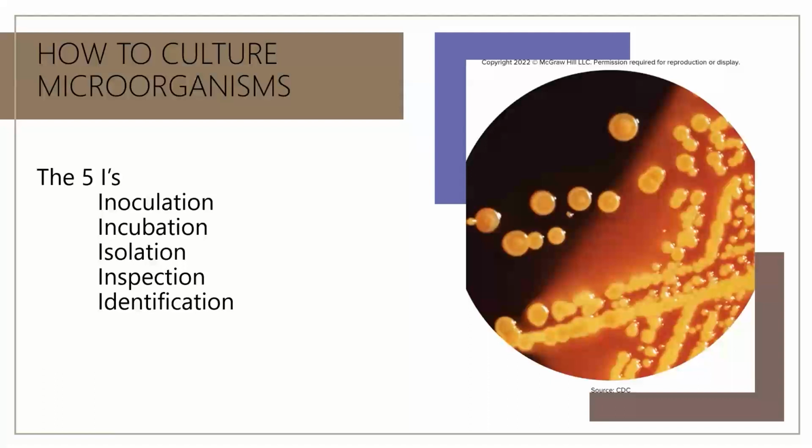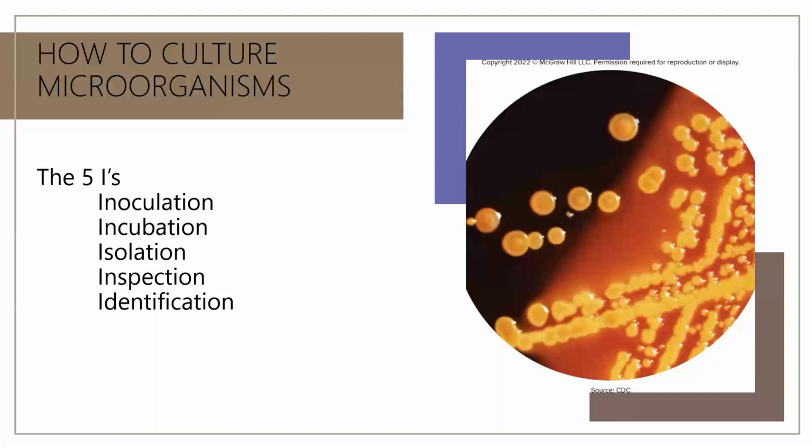Then we'll move on to isolation. So this would be when you're picking just the colony of the culture you want and kind of separating the different bacteria. And this one is especially important when we think about patient samples, because most patients, if you take a skin sample or a biopsy or a urine sample, they're going to have multiple microbes in that sample, some that are their normal flora, some that are pathogenic.